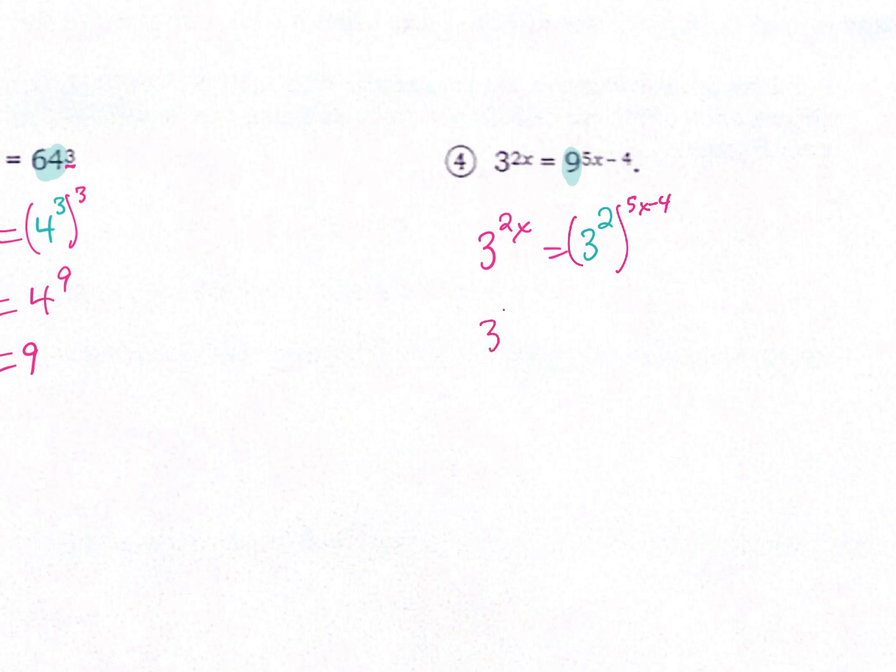So we get 3 to the 2x here, and we get 3 to the 10x minus 8. And then you're solving. So x is equal to 1. Okay.